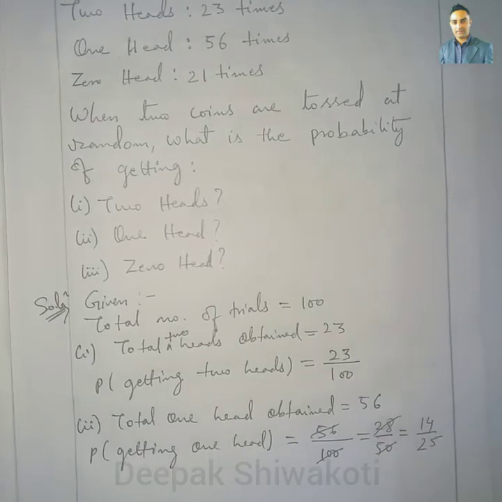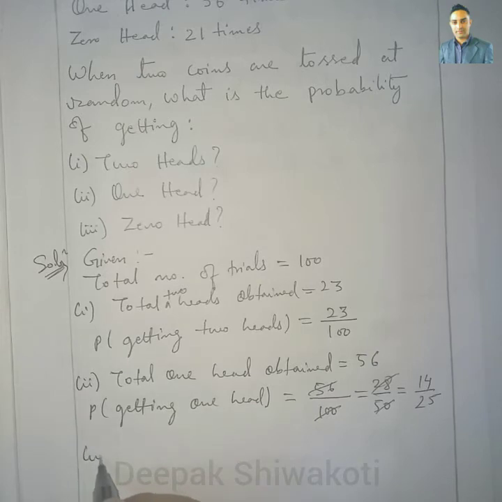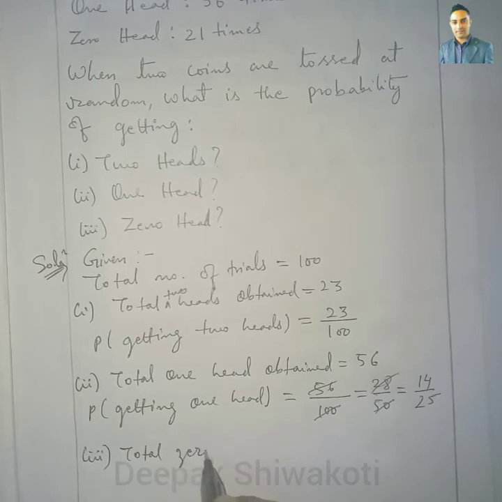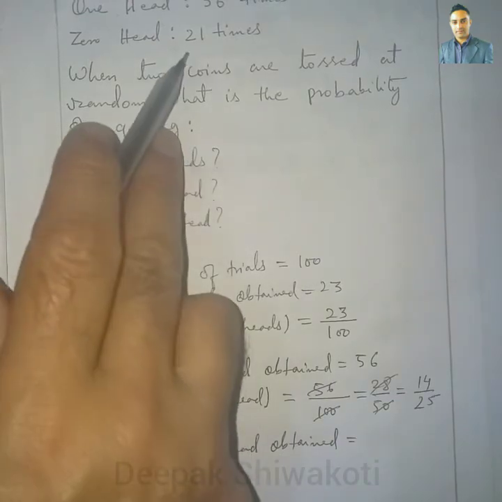Number 3. Total 0 head obtained is equal to 21 times.